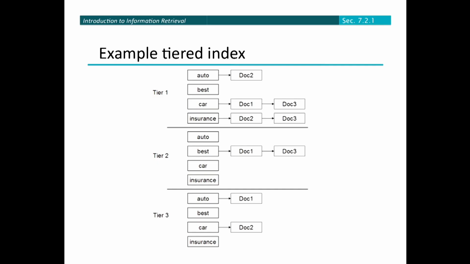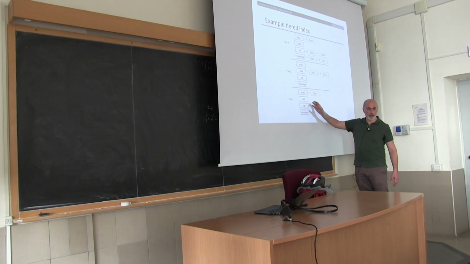And then you will have something like this. So notice that typically when you have several tiers, a possible way of proceeding could be to have the same document for a given term appear only once.